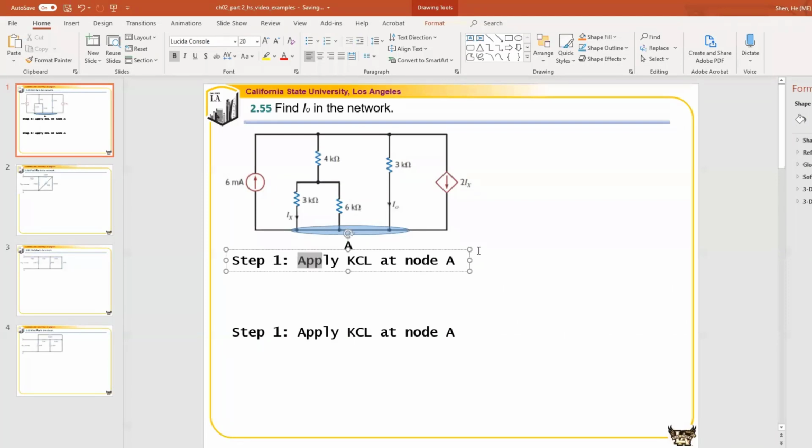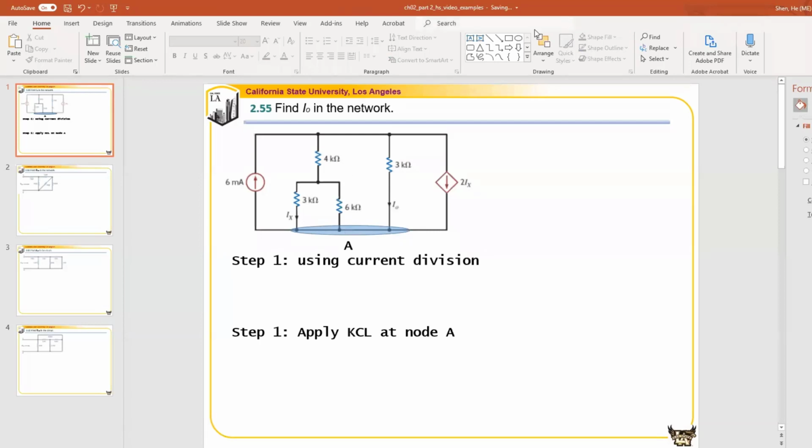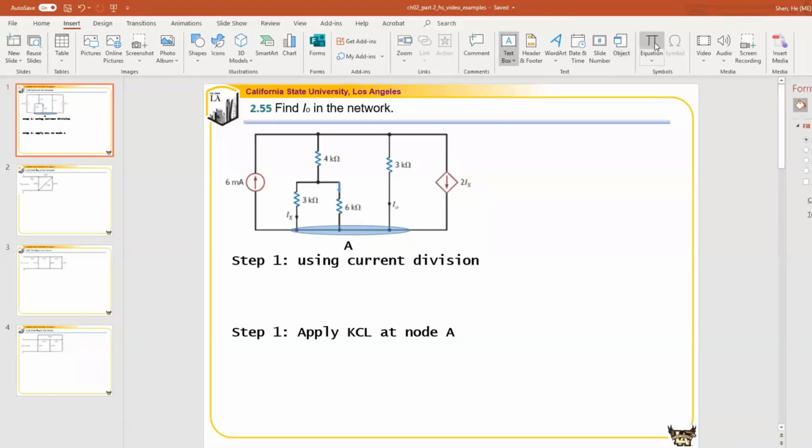For example, we're going to use the current division relationship to find the current in this branch. Let's give it a name, say this is my current I1.